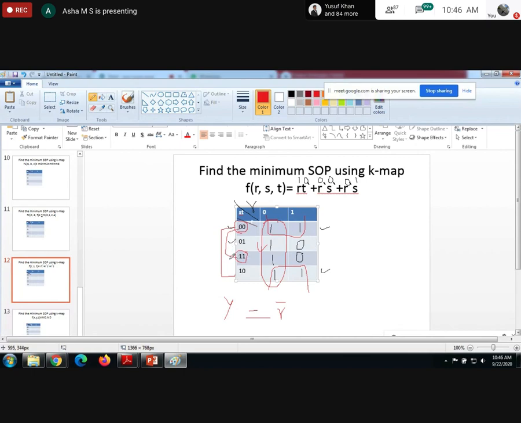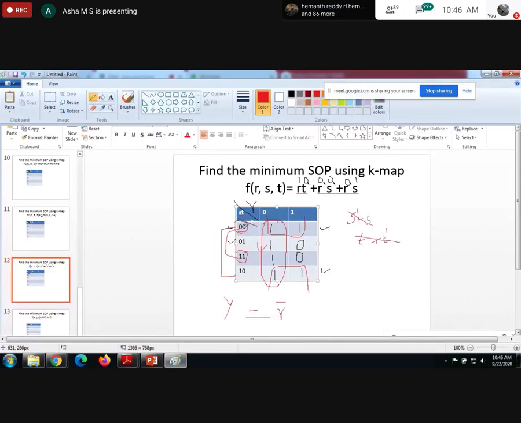Here I have S bar and S, which will get cancelled. Next I have T plus T bar, which will also get cancelled.